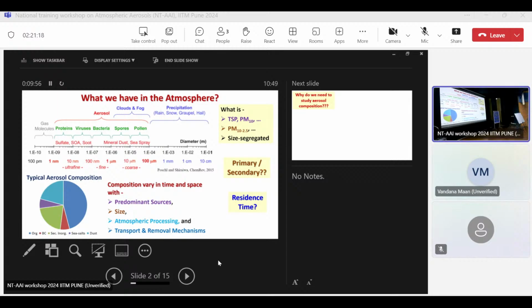So you will calculate the mass of a 100 micron particle, and for the same mass, how many 1 micron particles will be there? Say I have a 100 micron particle, some mass. Density, presuming the same. Now for the same mass, how many 1 micron particles will be there? Can you calculate it?